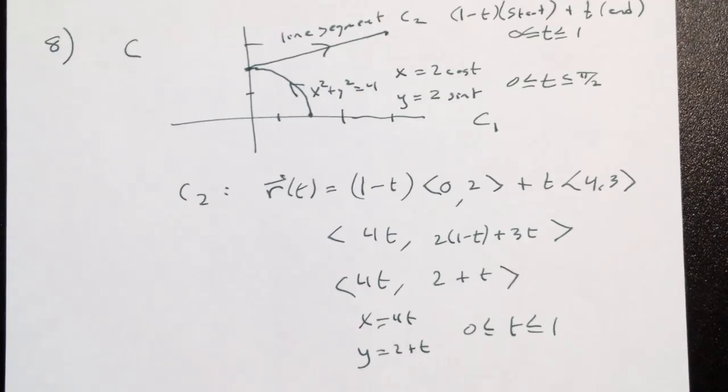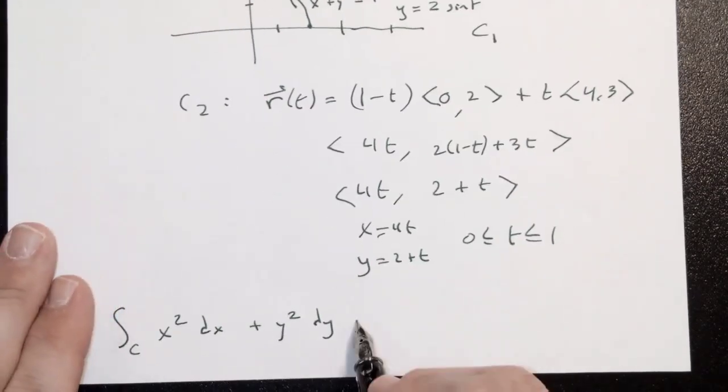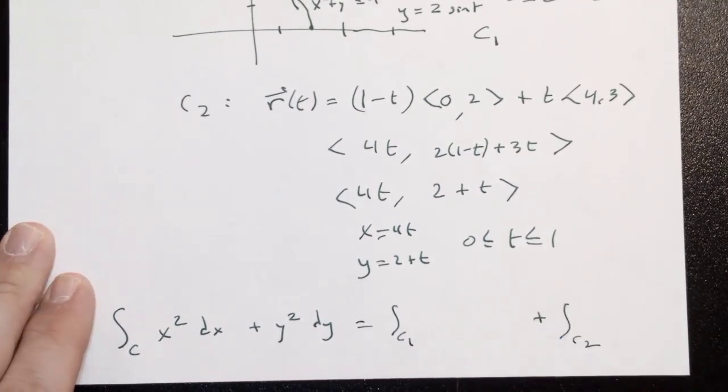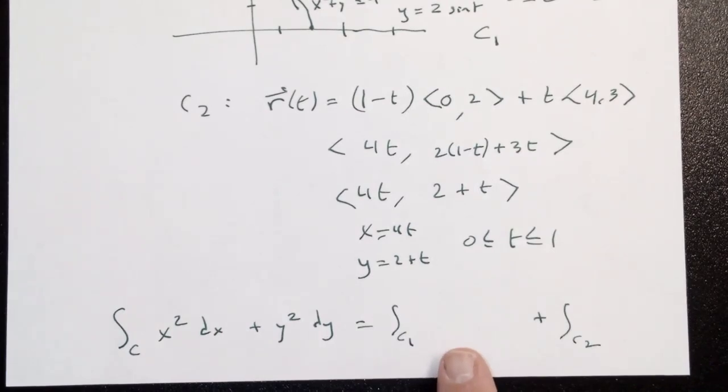But I first have to break this integral into the integral over C1 and the integral over C2. So here, I'll use the circle pieces for x and y and dx and dy. And here, I'll use the straight line pieces for x and y and dx and dy. One of the integrals goes from 0 to pi over 2. The other integral goes from 0 to 1. Which one? Pick one.